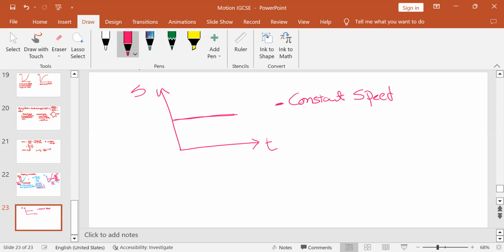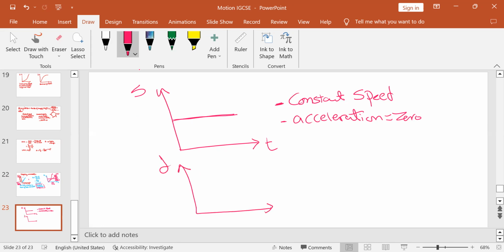Is the body accelerating at all? No. So acceleration here equals 0. Bravo. Acceleration equals 0. Why? Because the body is not changing its speed, right? Yeah.